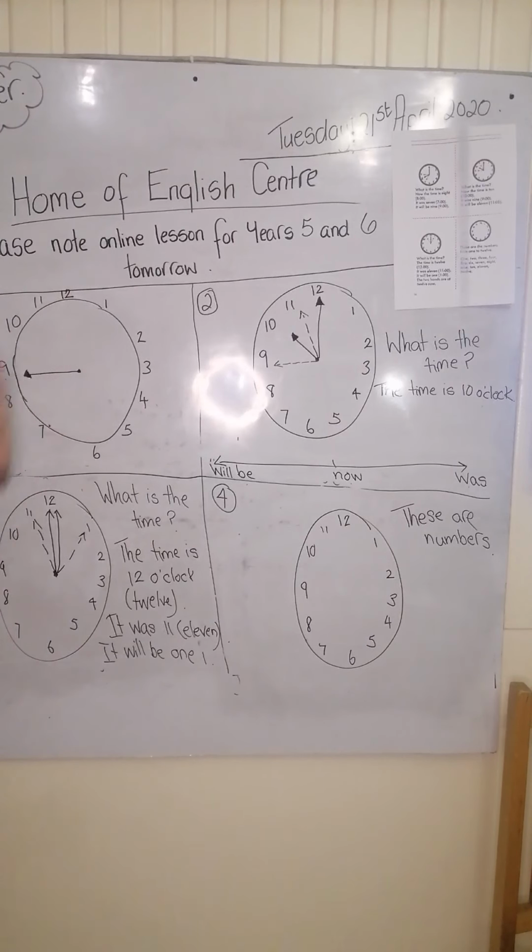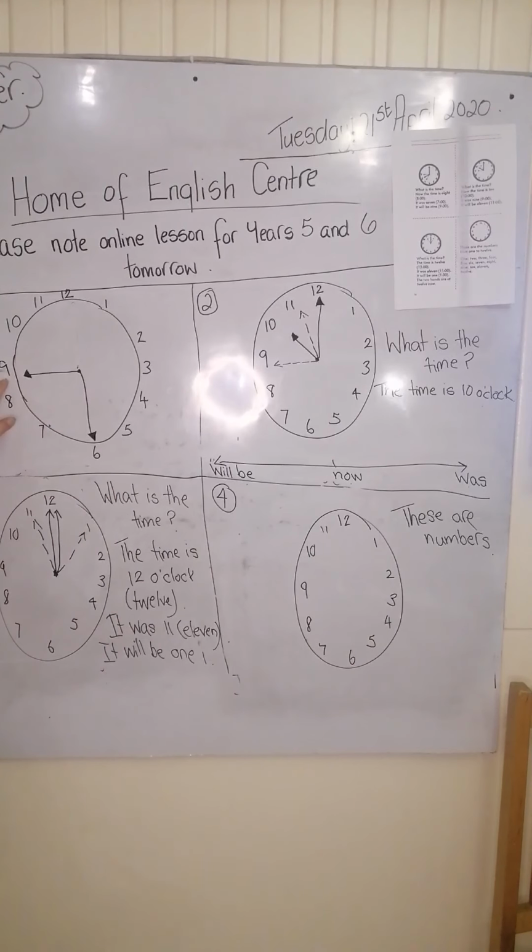So if the hand was pointing straight up, it would be 9 o'clock, but it isn't. It has gone all the way down to the 6. So what does this mean? It means it is, you can say 2 ways.